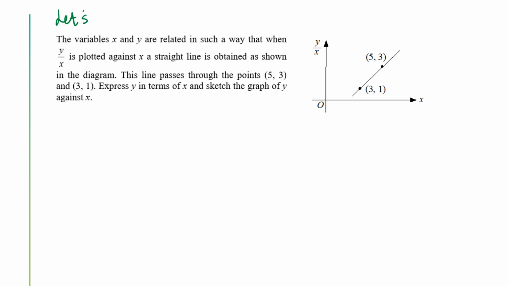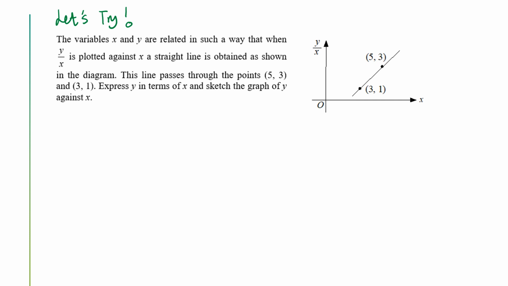Right, so much about converting non-linear form to linear form. Let's do some problem solving. So if you have a question such that y over x is plotted against x, and you have a straight line, right? So you are asked to express y in terms of x and sketch the graph of y against x. So there are two things we need to do.